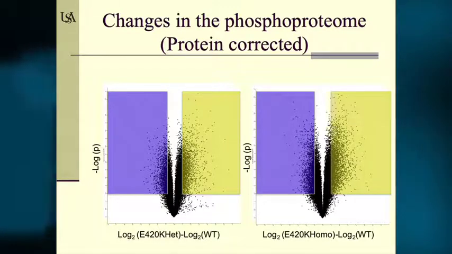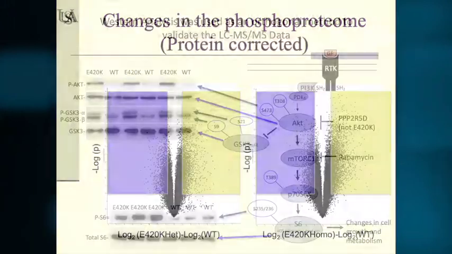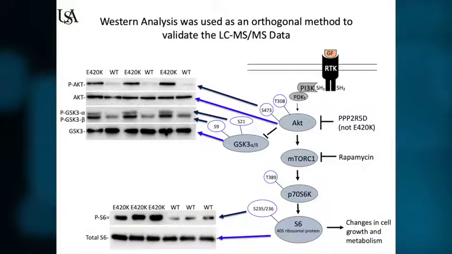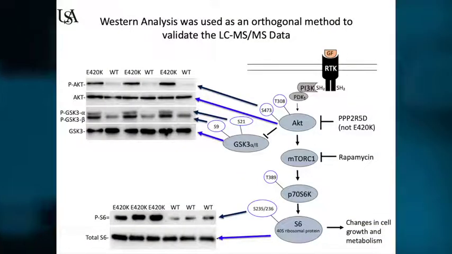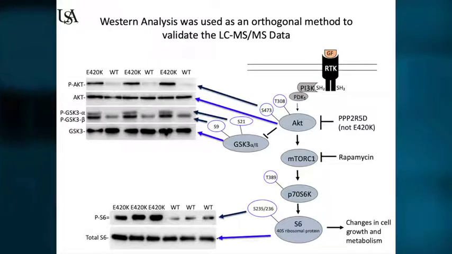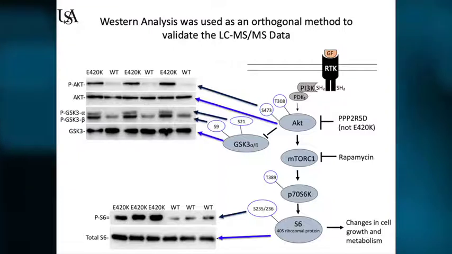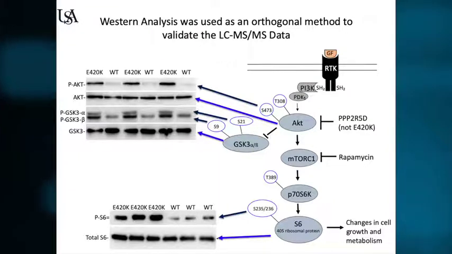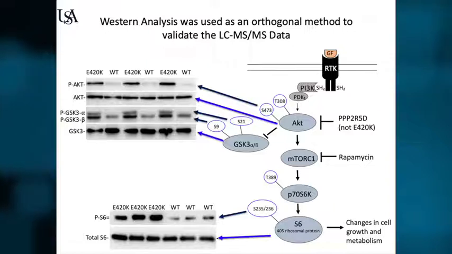And this has all been validated. We use a Western analysis for an orthogonal validation of everything that we see in the mass spec. So the idea is the mass spec identified these as hyperphosphorylated, and then we get the phosphospecific antibodies and compare. And so far, this has been matching up quite nicely.